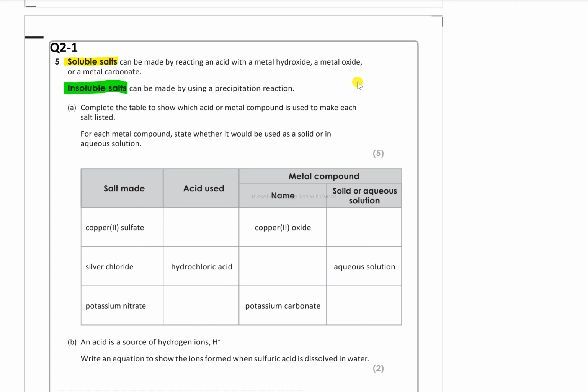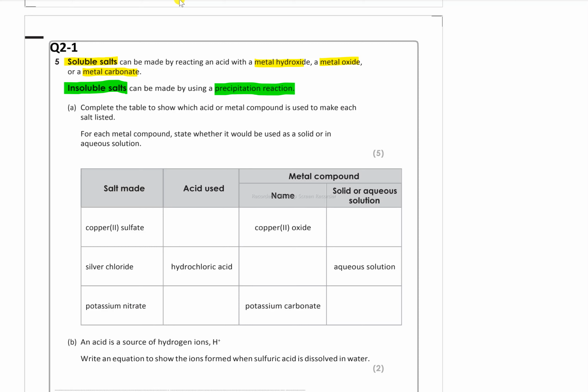Right, okay. Copper sulfate. The salt made was copper sulfate. Let's go through this. Soluble salts can be made by reacting acid with metal hydroxide, metal oxide, or a metal carbonate. Insoluble salts can be made using a precipitation reaction.